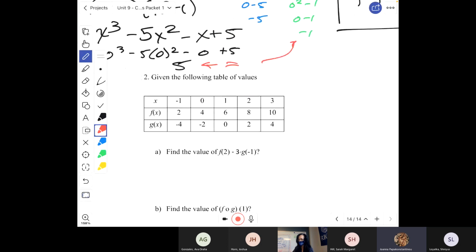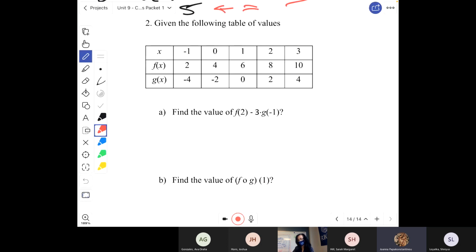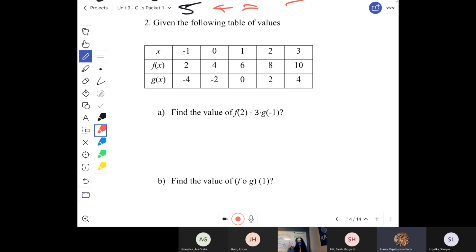Okay, what if I give you this table of values and ask you to utilize this table of values? I may give you this information in many different ways. So let's say you're given it this way. You are being asked to find f of 2 and then subtract 3 times g of negative 1.